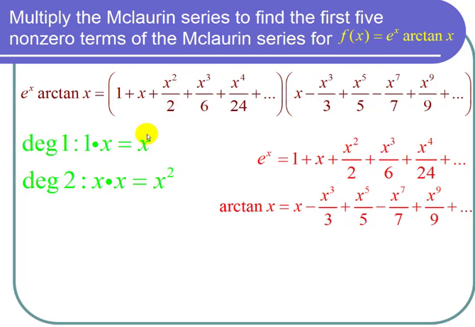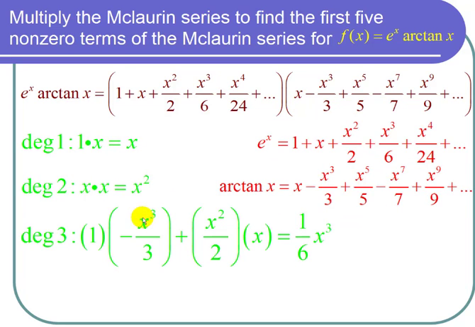For degree 3, I have 1 times negative x cubed over 3. And then I also have x squared over 2 times x. So I add those up, and 1 times negative x cubed over 3 plus x squared over 2 times x, well, negative 1/3 plus 1/2 is positive 1/6.